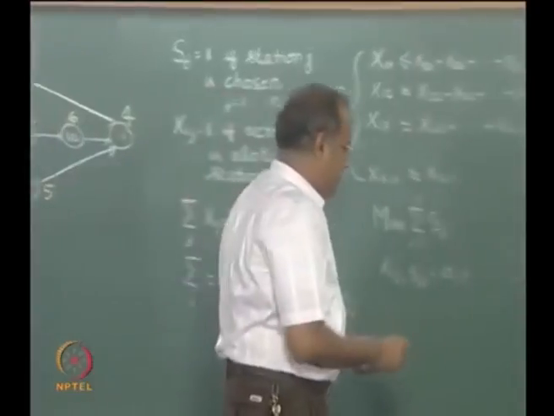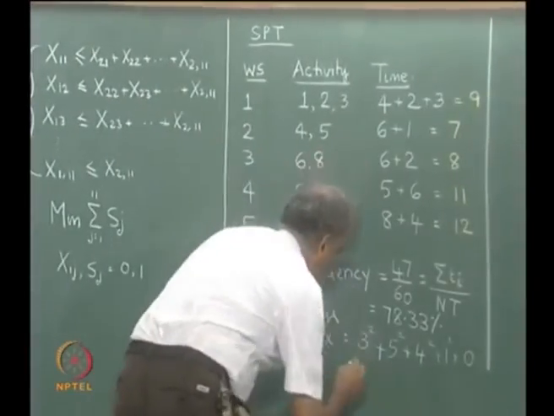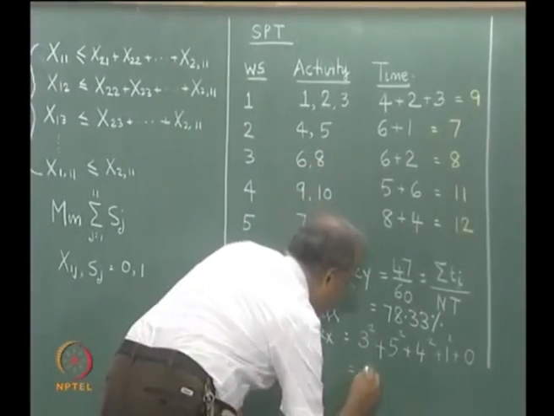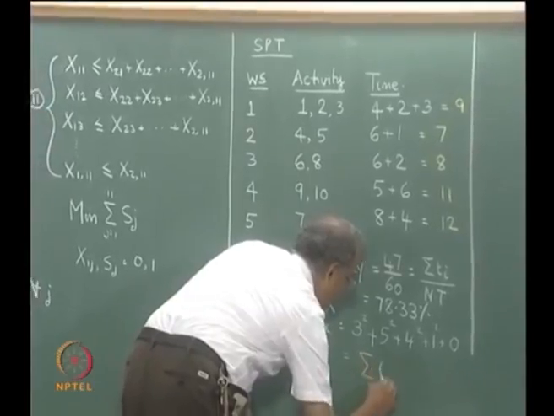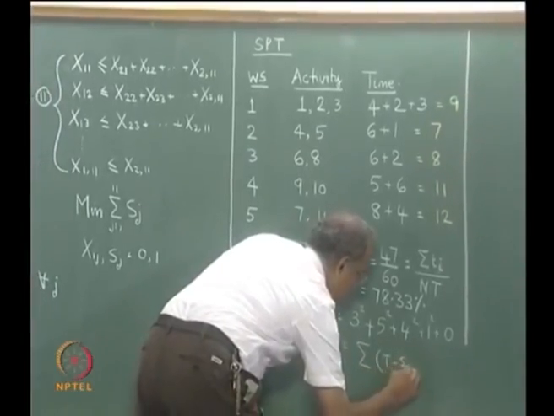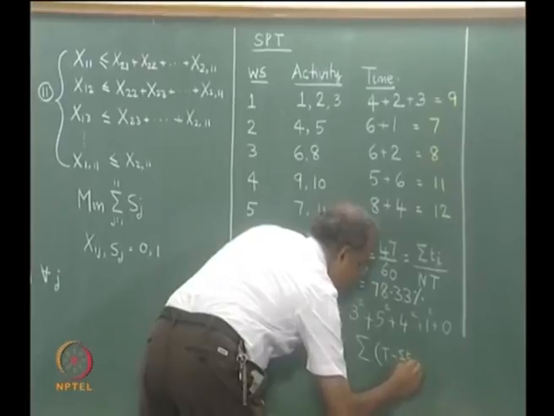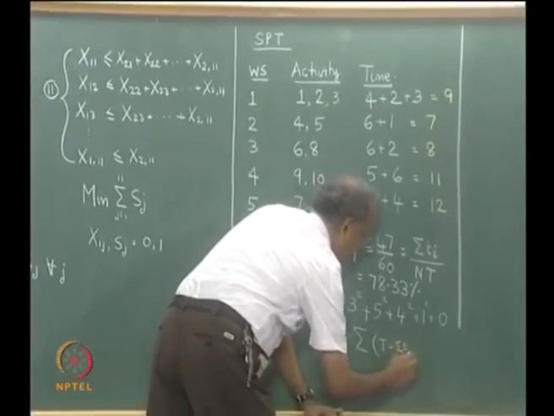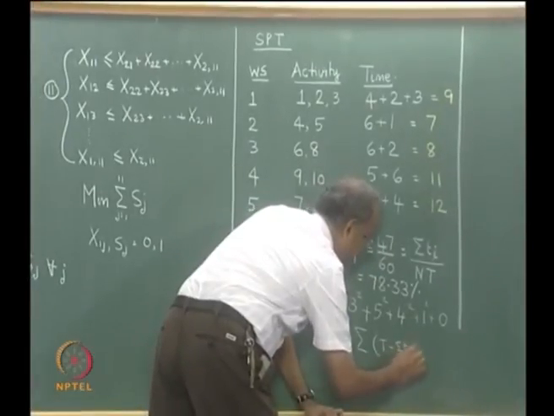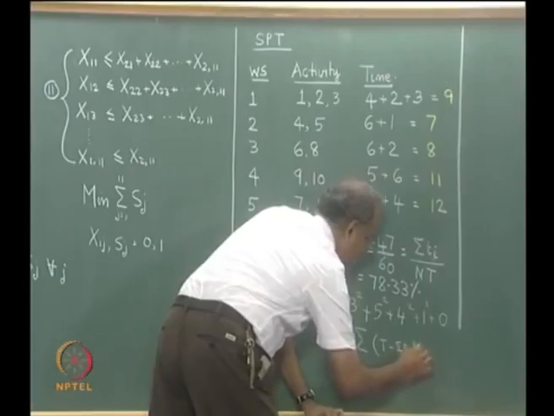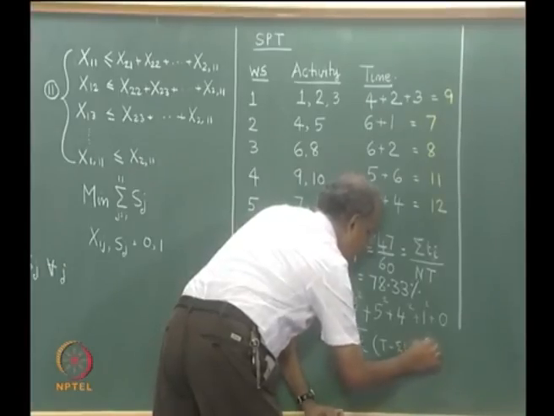So, in general the smoothness index formula will be sigma of T minus T_i, whole square, summed over the stations.